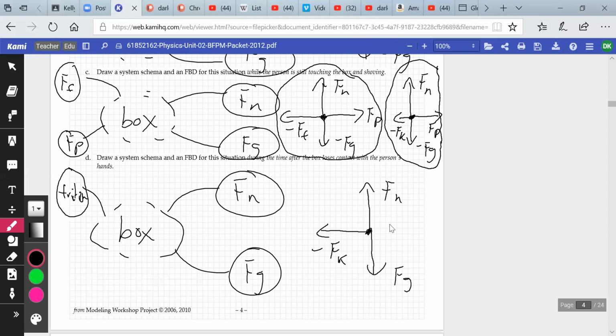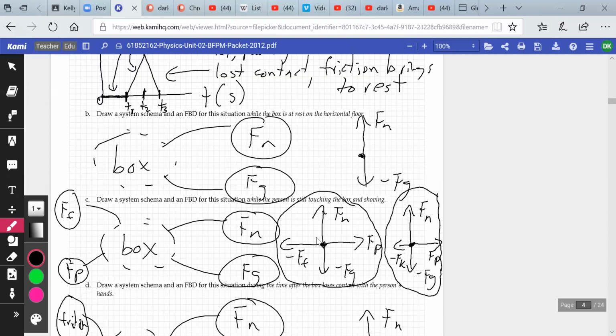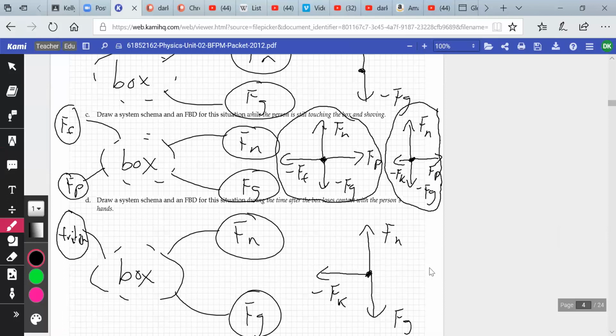Okay, so hopefully you got that on the second page. So all these free body diagrams, this is the only situation that's not represented here. The object's at rest here from 0 to T1, and T1 to T2 here, and then T2 to T3.